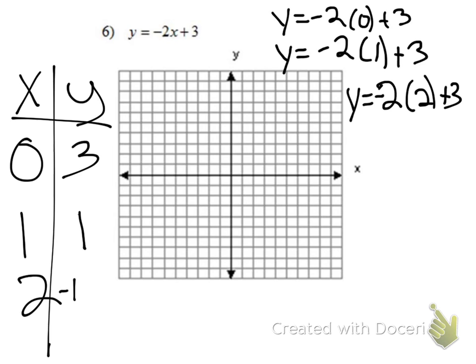All right, graph these. So left and right 0, up 3. All right, right 1, up 1. Right 2, down 1. Go ahead and connect these. Arrows on the ends.